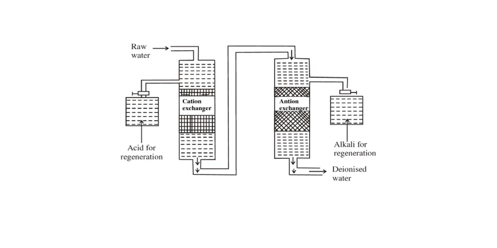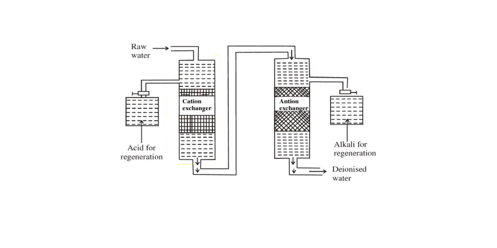You can see that the cation exchange resin is first employed. Always it is so. First cation exchange resin is attached. So the water is passed through cation exchange resin first, and then the water is passed through anion exchange resin.